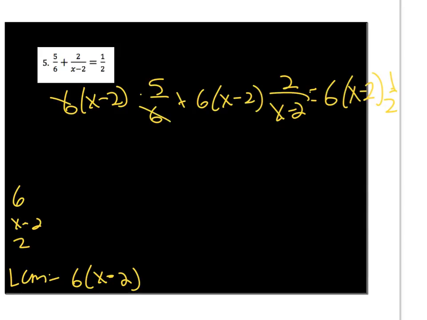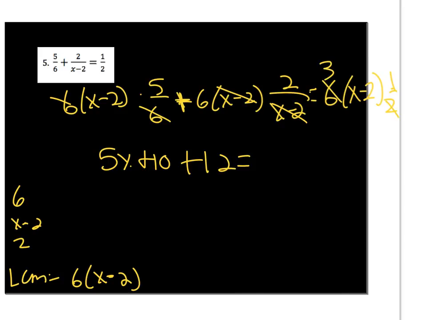So 6 cancels out. This becomes 5x plus 10. That's a plus. x minus 2 cancels out. So that becomes 12. 6 over 2 becomes 3. So this becomes 3x minus 6. Notice I'm simplifying, canceling out, multiplying what I have left. Now it's a little bit messy, but I can start putting things together here.